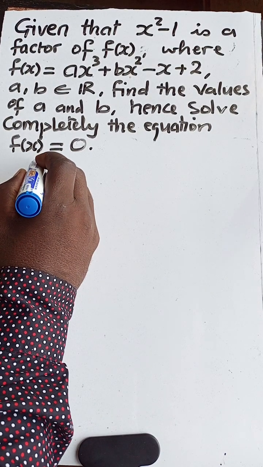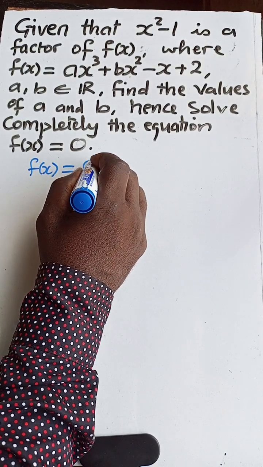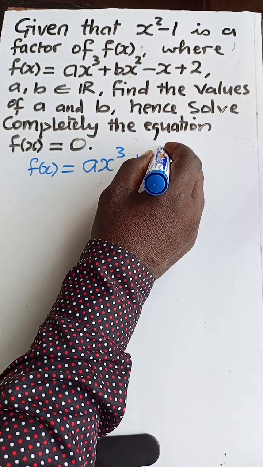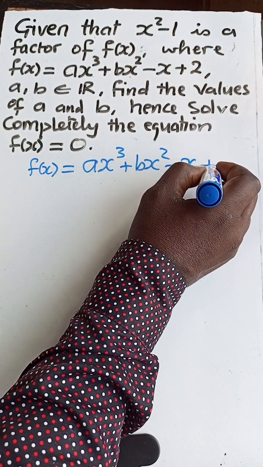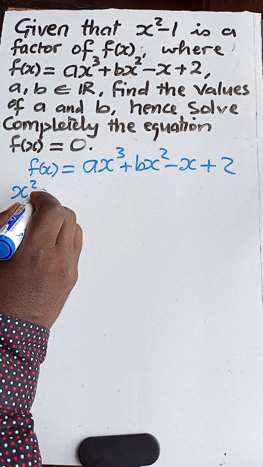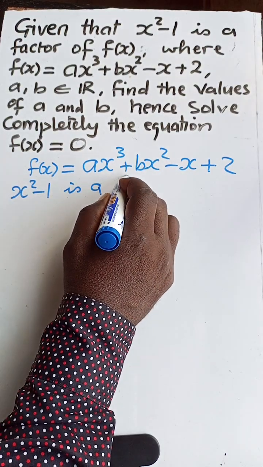So our polynomial expression f of x is ax cubed plus bx squared minus x plus 2. And we are told that x squared minus 1 is a factor.